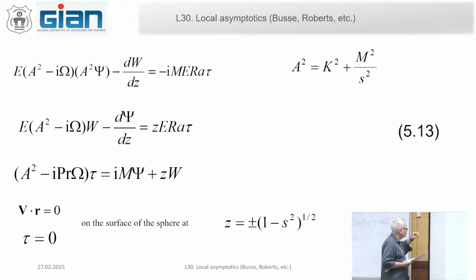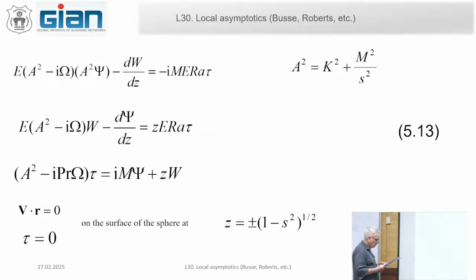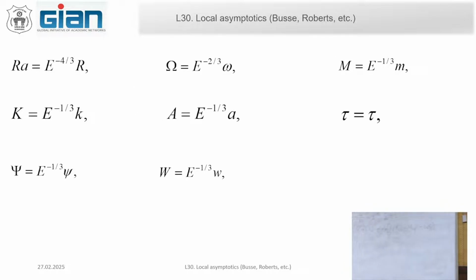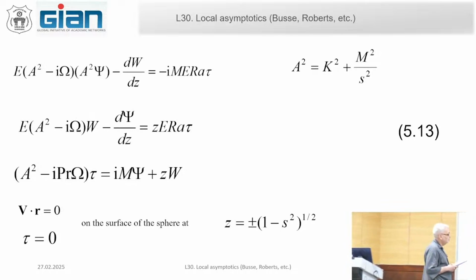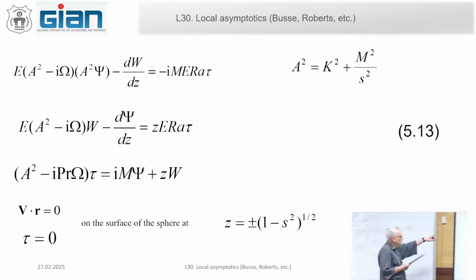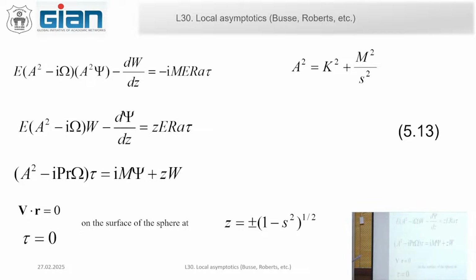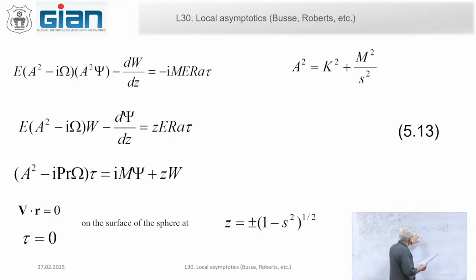There is also the A coefficient, which is represented via this K. Then it involves this m divided by s squared, this s coming from here.